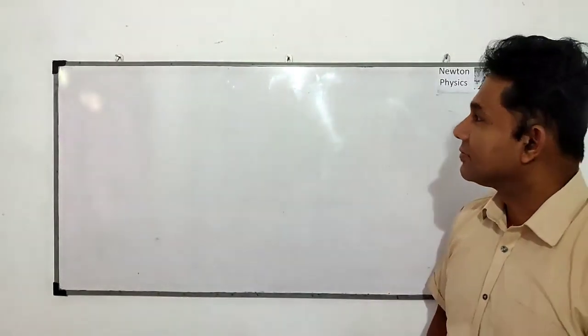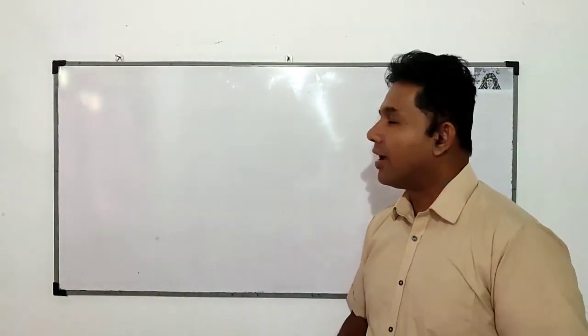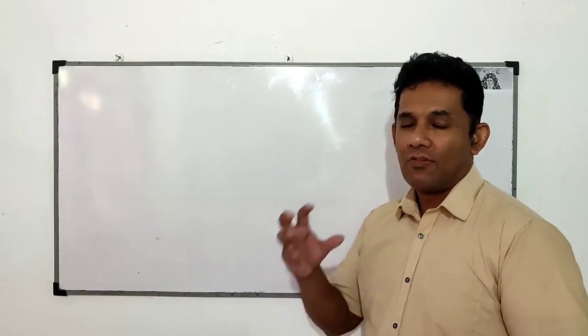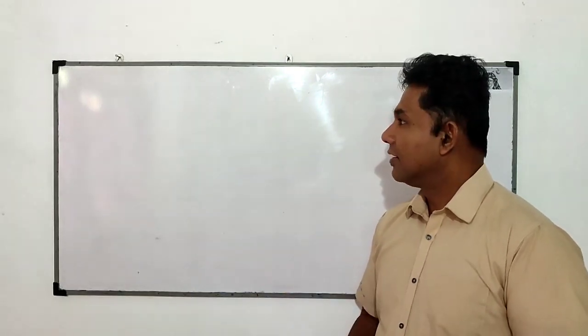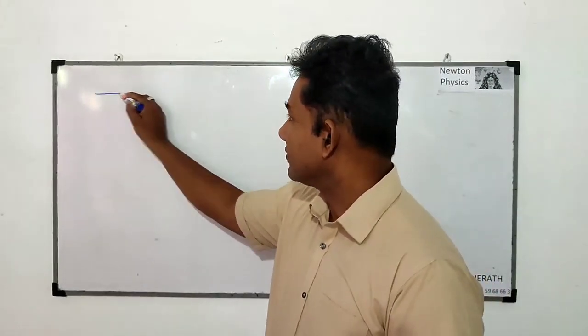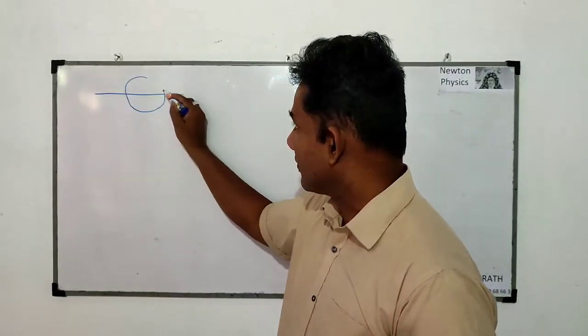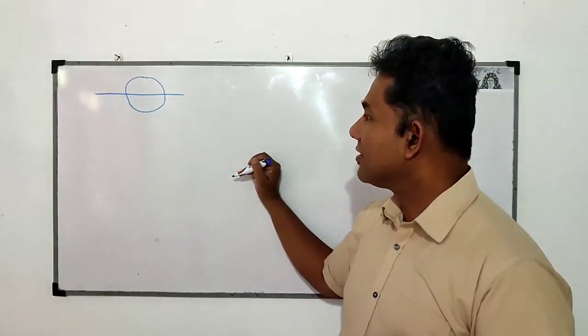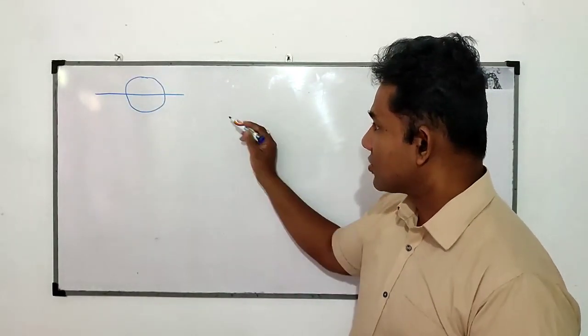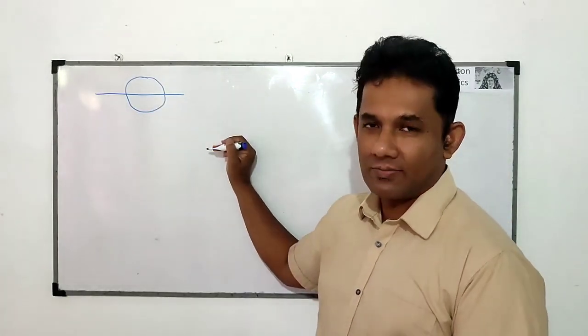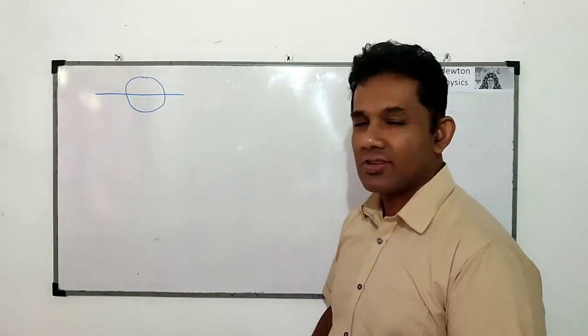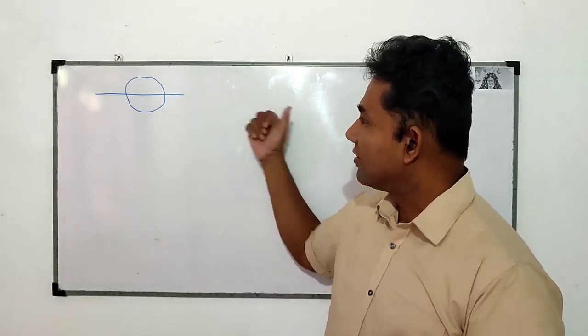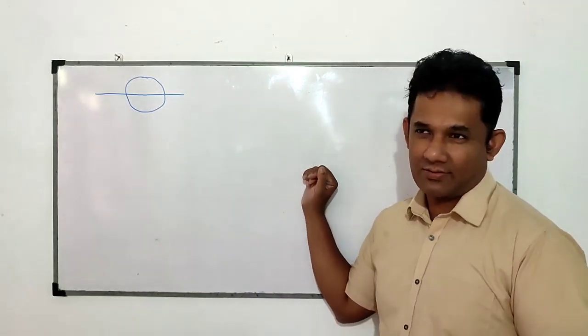Now think that an object floats freely in water with half of its total volume immersed in water. That means the fraction in water is half of the volume of the object.